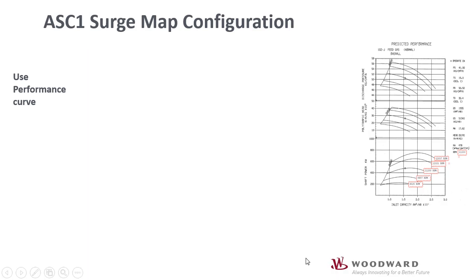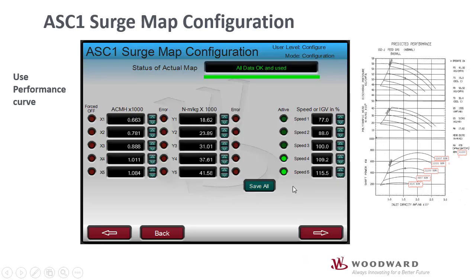If you press save all, then the controller will save operating points or surge points into memory, and after that you should see all data okay and used, and there should not be any red LED either in forced off or in error mode.